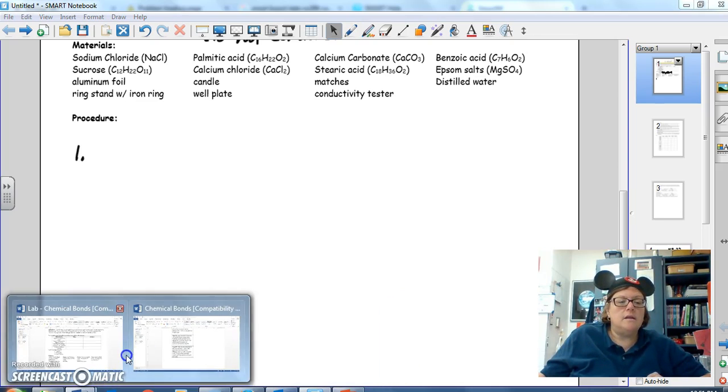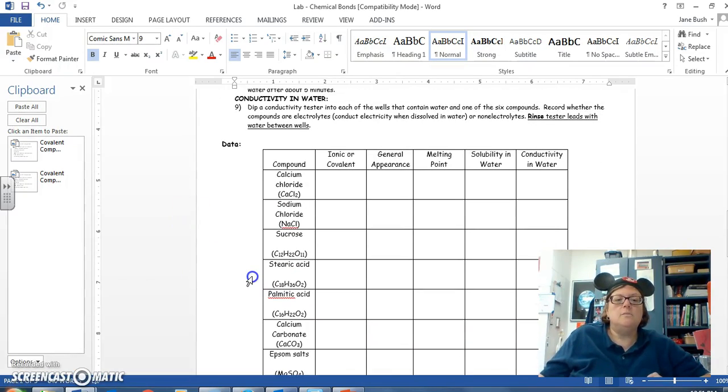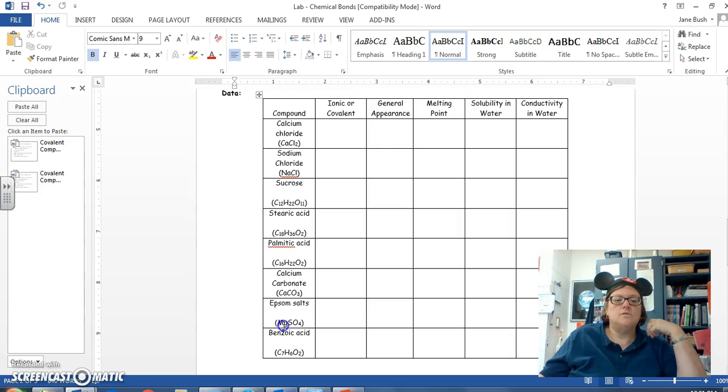If you look at the back, you've got a data sheet, and on that data sheet you have 8 different compounds. Based on what you know about ionic and covalent compounds, is it ionic or covalent just simply by looking at the chemical formula and chemical name.